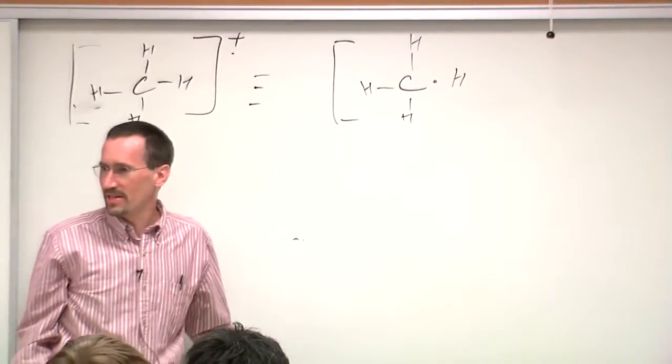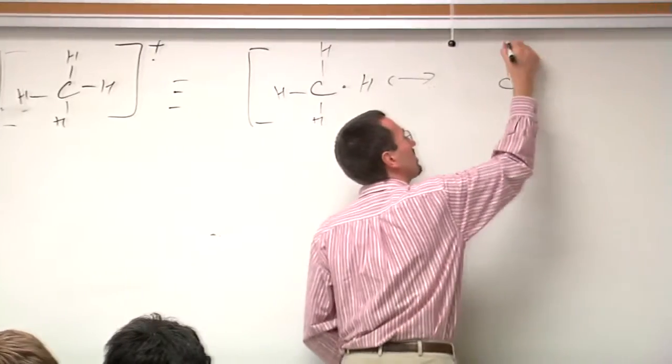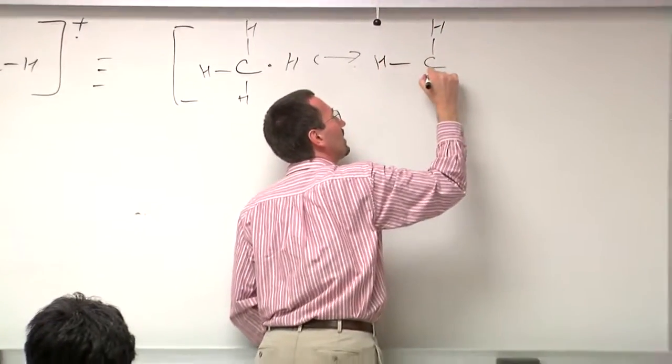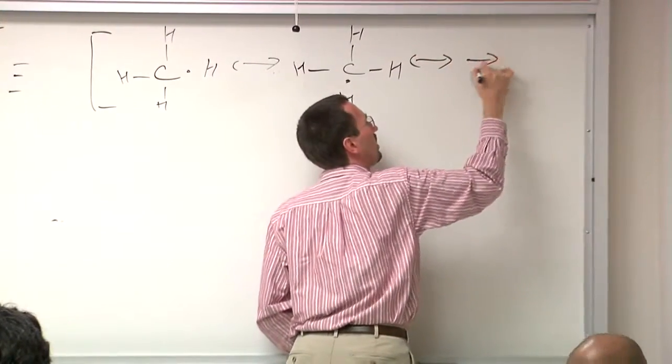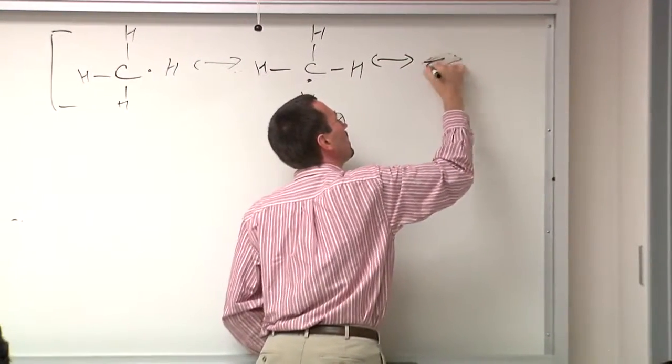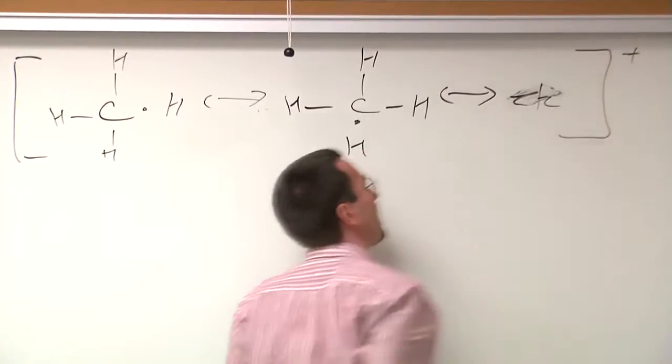And I can write a resonance structure like this. And I can write a resonance structure like this. And I can write 2 more. I'll just write etc. And we have a net positive charge.